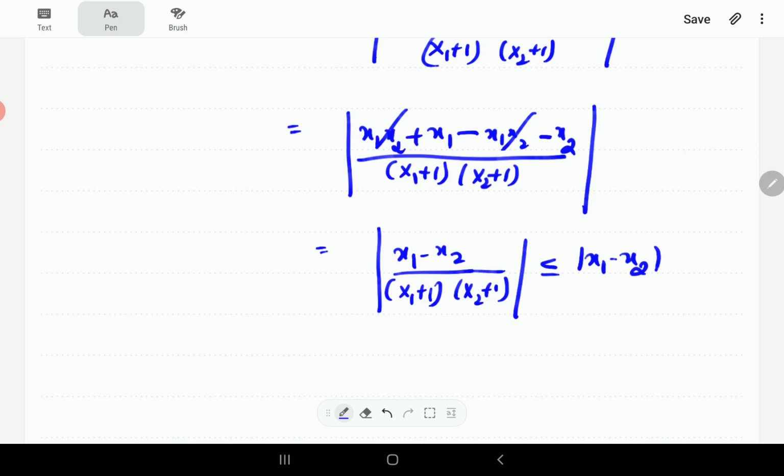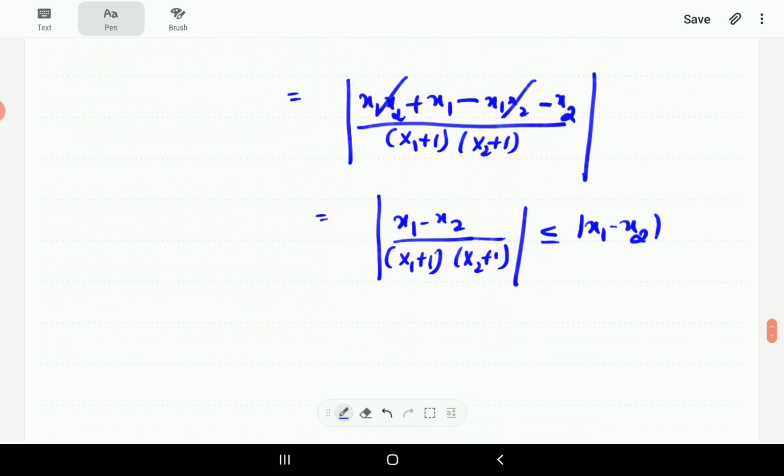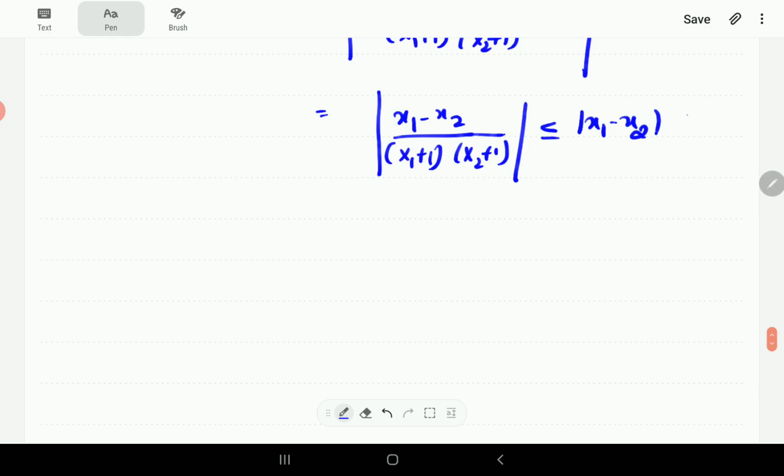Since you have seen that x1 plus 1 is greater than or equal to 1, and x2 plus 1 is also greater than or equal to 1, the difference between f of x1 and f of x2 will be less than epsilon whenever you choose x1 minus x2 to be less than delta.